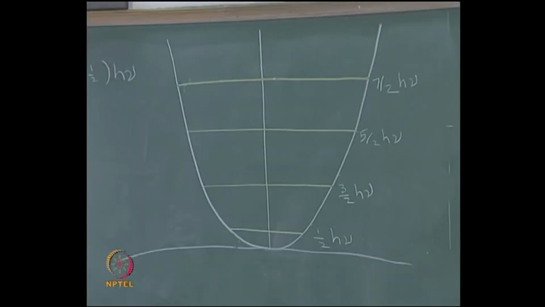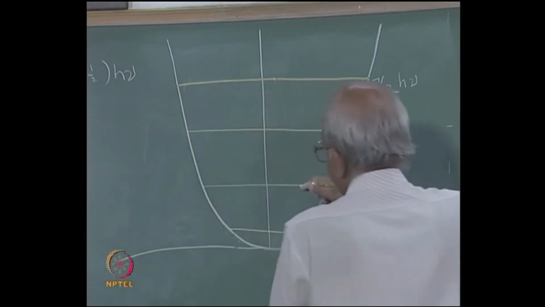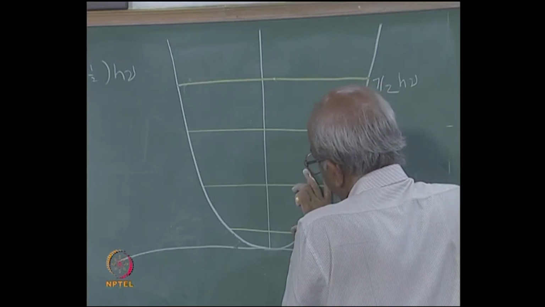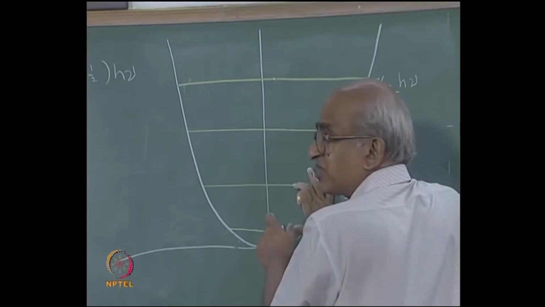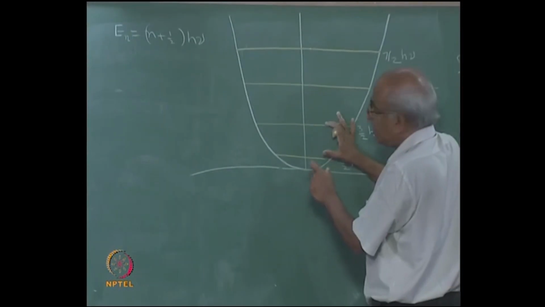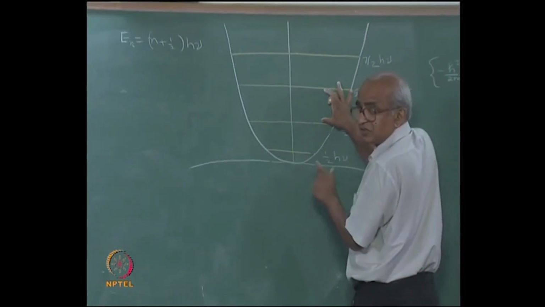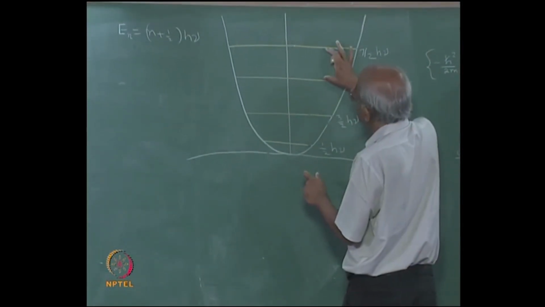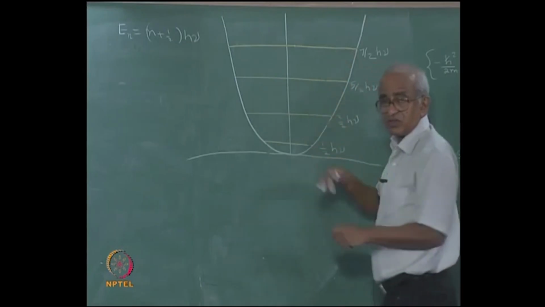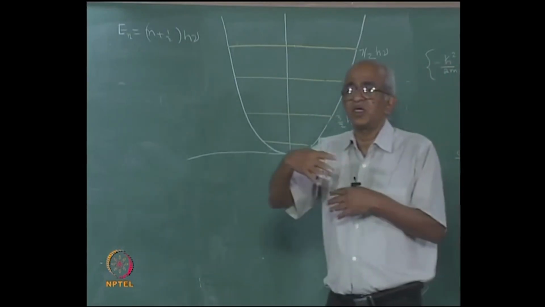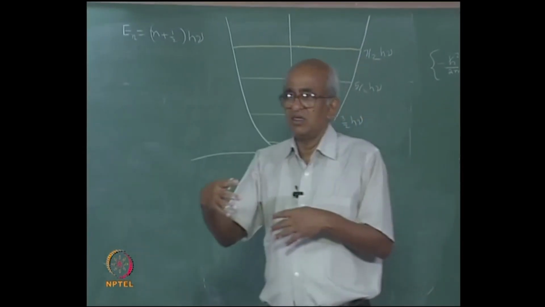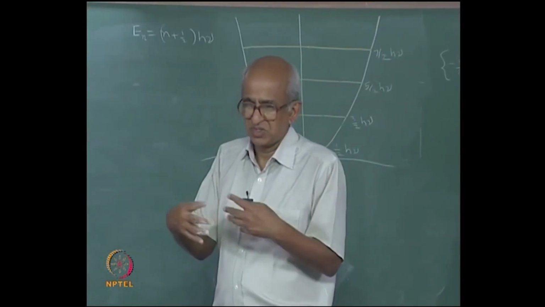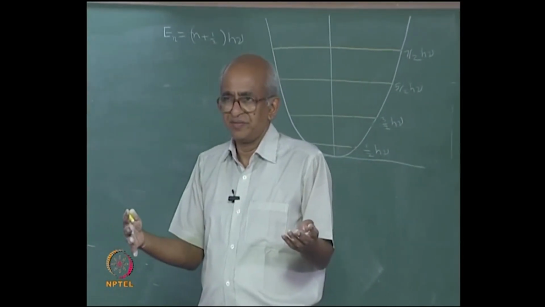Now, you should also notice that the spacing between two successive energy levels is actually h nu, and it is the same for the next two energy levels, and the next two. So, therefore, you get a series of equally spaced energy levels. This is a speciality of harmonic oscillators.